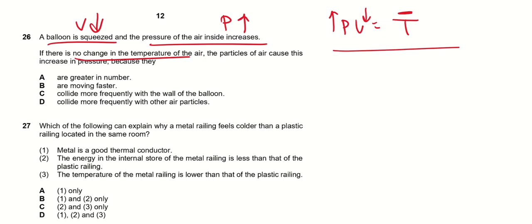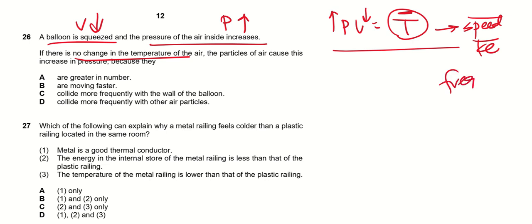Okay, the particles of air cause this increase in pressure because since temperature remains the same, that means the speed remains the same, because KE remains the same. So the frequency of collision due to temperature, with no change in temperature, by right it should be the same.